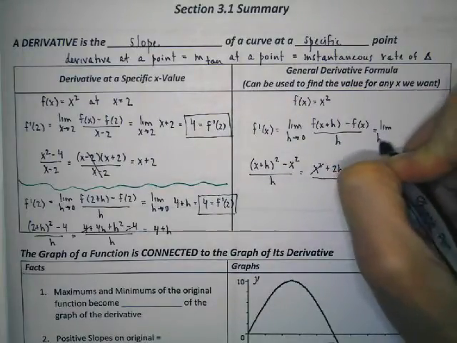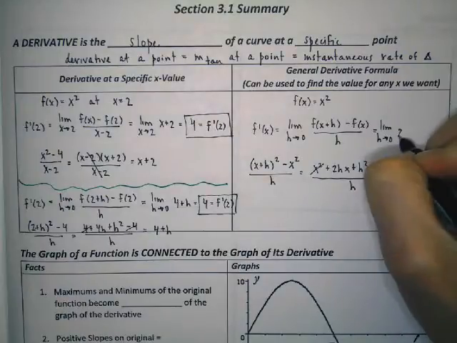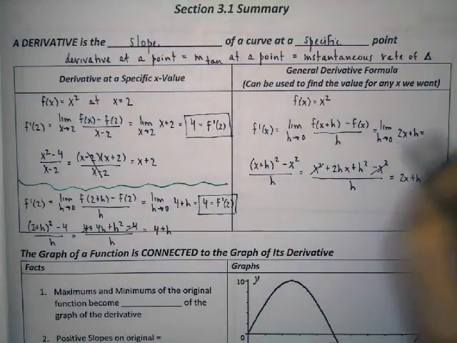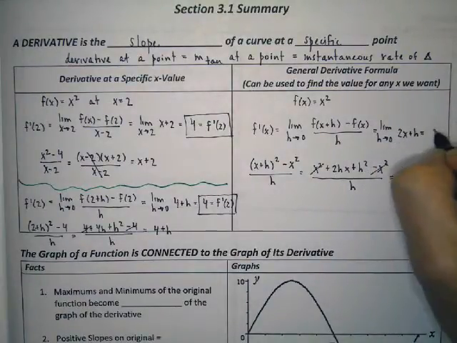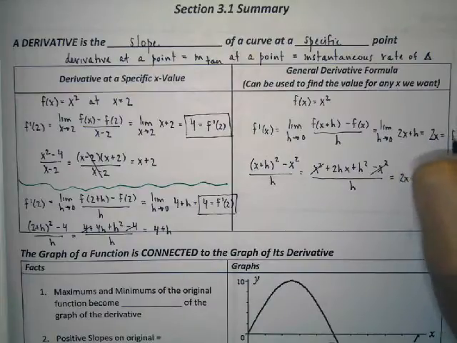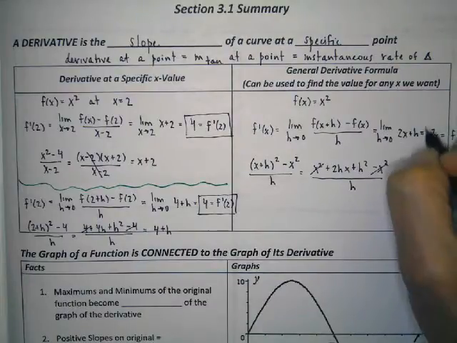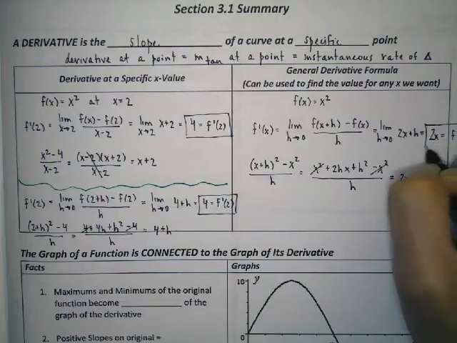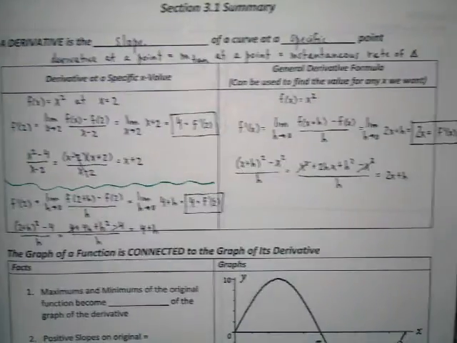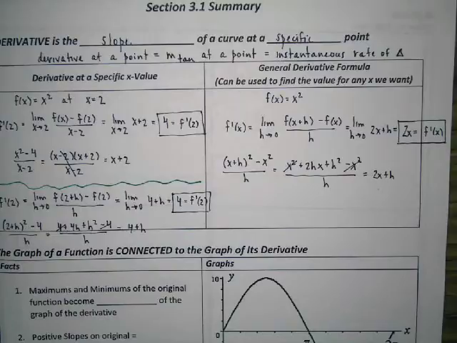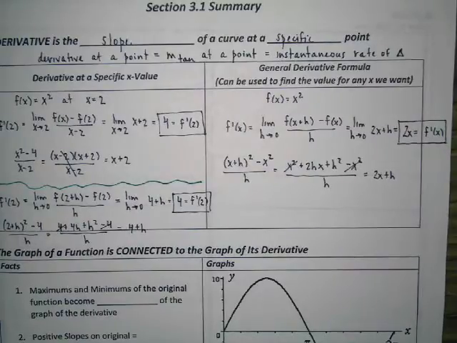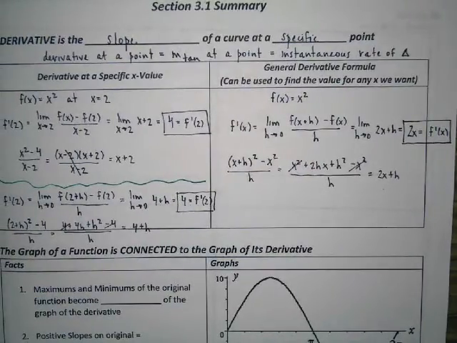This is all equal to the limit as h approaches 0 of 2x plus h. And if I substitute 0 for h, I know that my general derivative, f prime of x, is equal to 2x. So that's how we find the derivative at a specific x value, and also a formula for our general derivative.